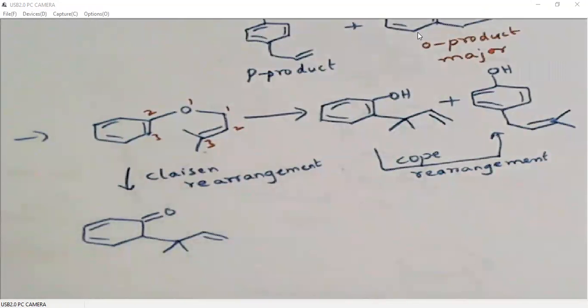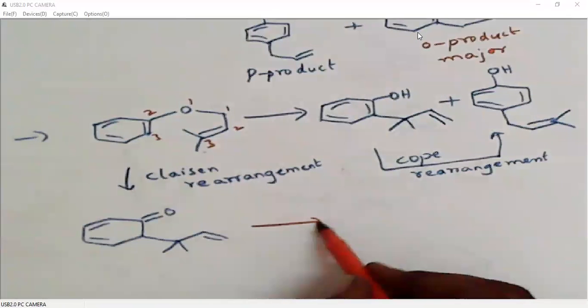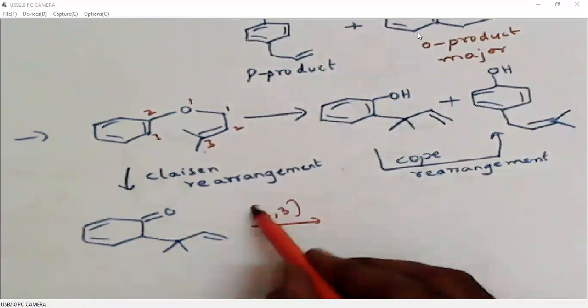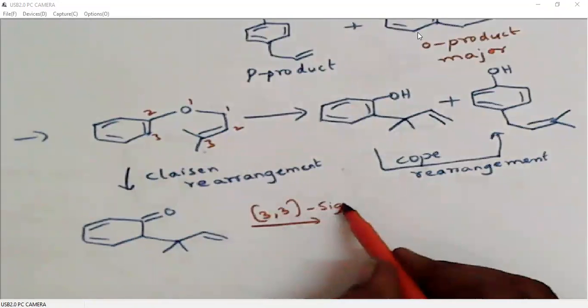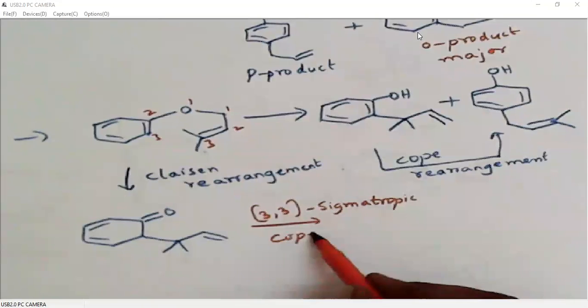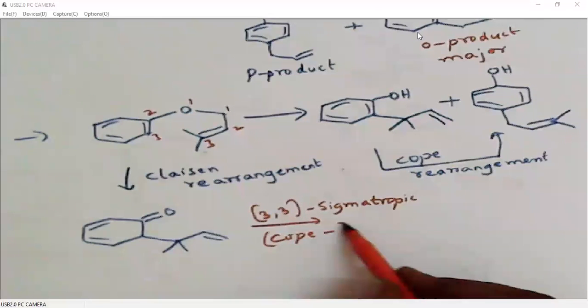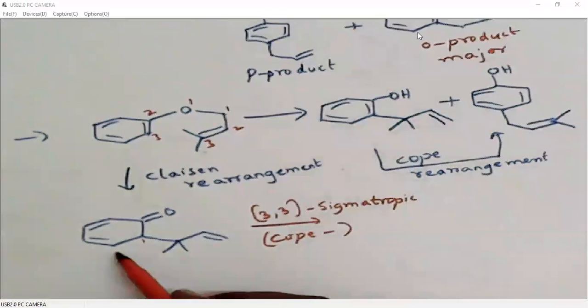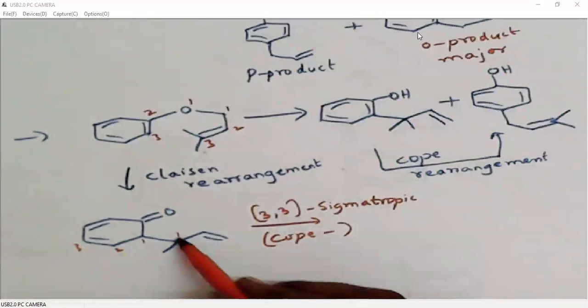Now it again undergoes 3,3 Cope rearrangement, or we can say Cope rearrangement, like this: 1, 2, 3, 1, 2, 3.